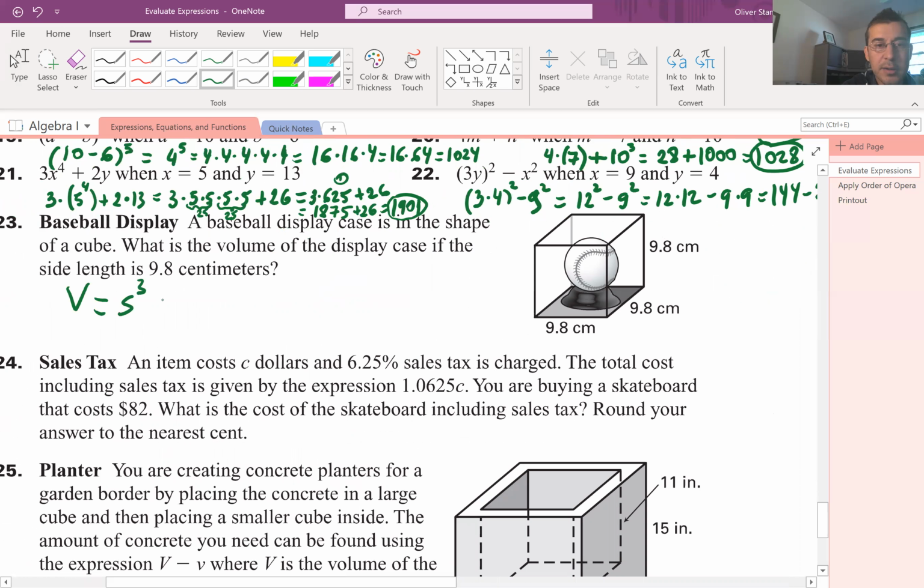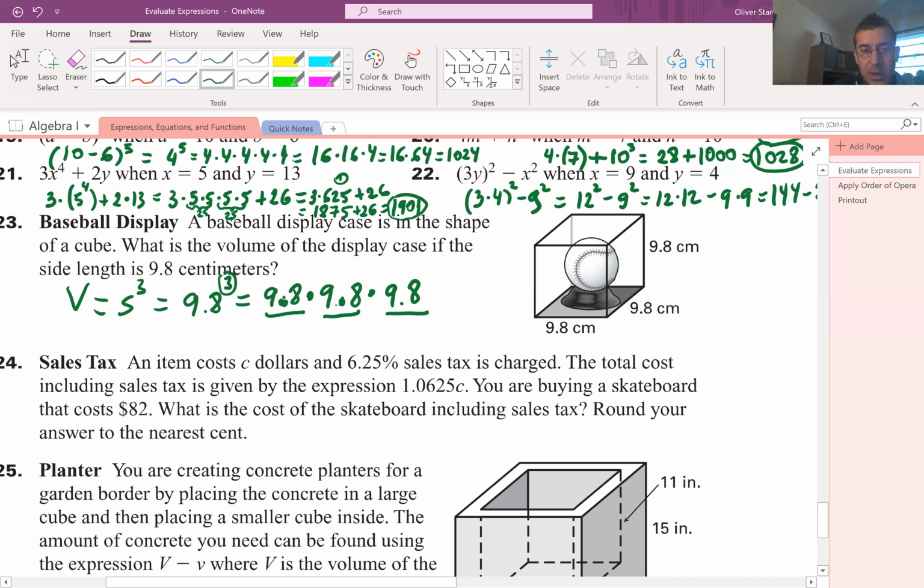So in this case, the side is 9.8. So this is 9.8 cubed, where the base is 9.8. So 9.8 times 9.8 times 9.8. So this is multiplication here. These are the decimals here, and multiplied by 9.8. So these 1, 2, 3, because the exponent is 3 and 9.8 is the base.